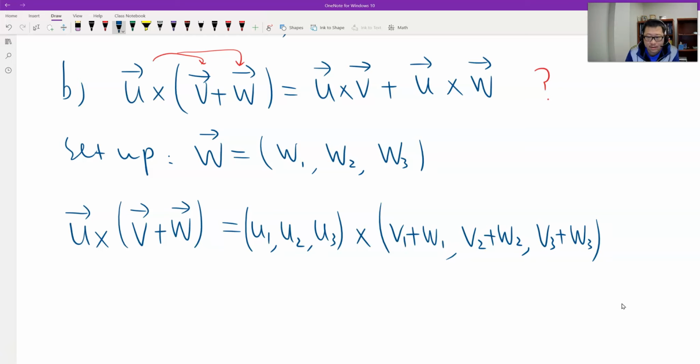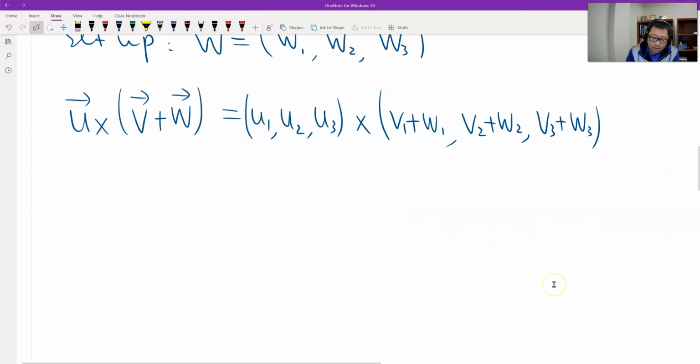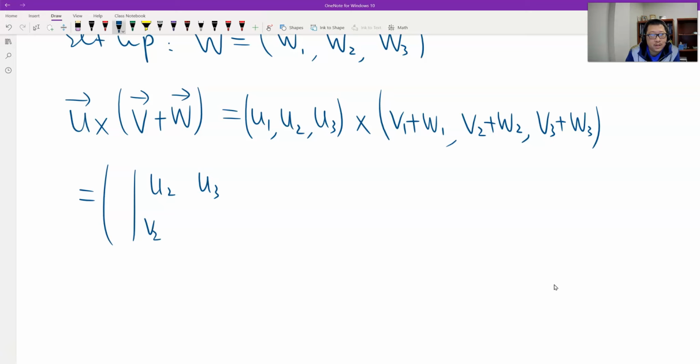So now we can look at the definition, which is a vector. The first component doesn't have the first, so it is U2, U3, and therefore V2 plus W2, V3 plus W3. See that the second is negative.